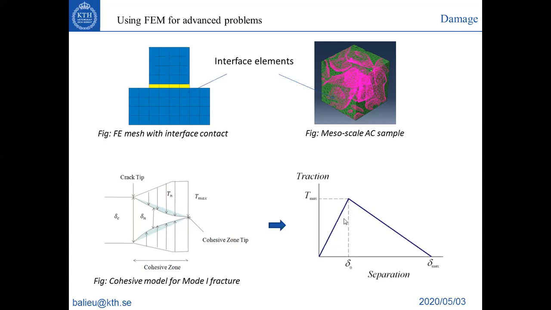Below this stress, you don't have any damage, so you don't have any degradation of the interface. Once you reach this stress, damage starts in the interface. Your interface starts to degrade, so you will simulate the decohesion between the aggregate and the mastic.